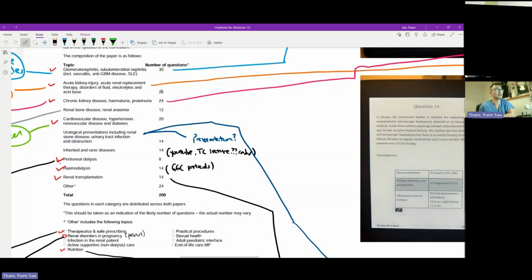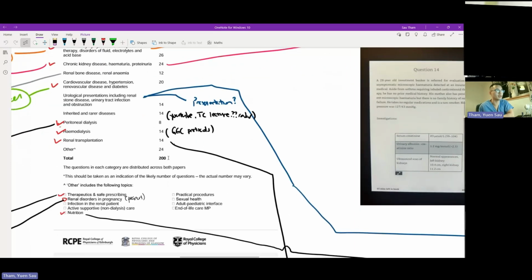And then you've got fluid and electrolyte disorders, 26%. A small weightage is 8%. And then the other bit I want to point out is others. Others is 24 questions, so a bit more than 10% of the exam. And the others consist of all these topics here at the bottom. Can you see that?